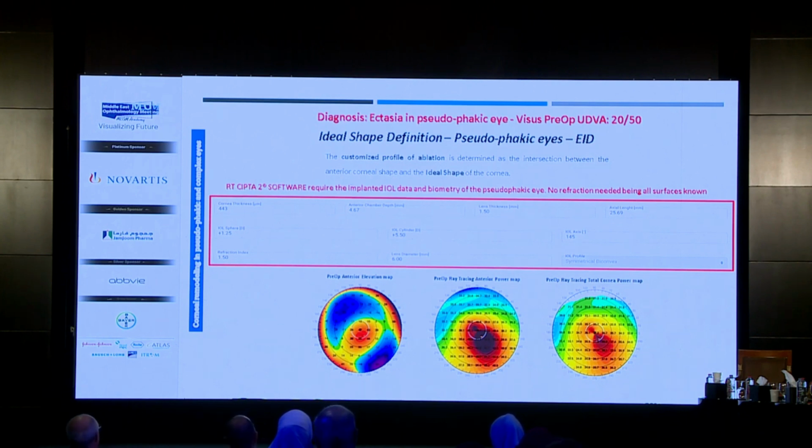You can see here the preoperative anterior elevation map, the preoperative ray tracing anterior power map with the cylinder, the irregular cylinder, and the total power ray tracing that is less than the anterior because we take into account the contribution of the posterior surface, but also of the corneal epithelium, but also of the lens, the IOL implanted.